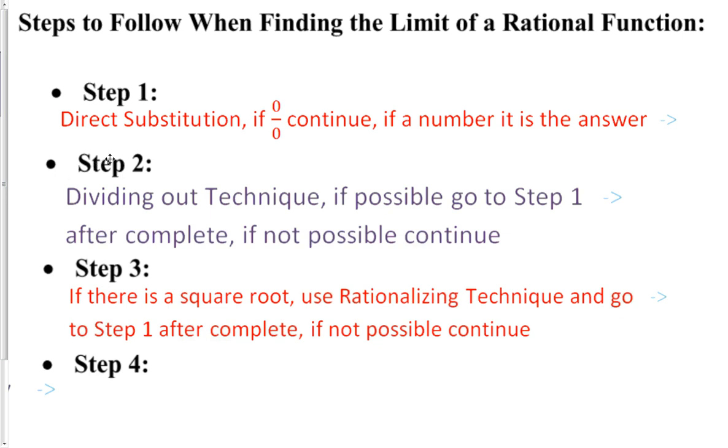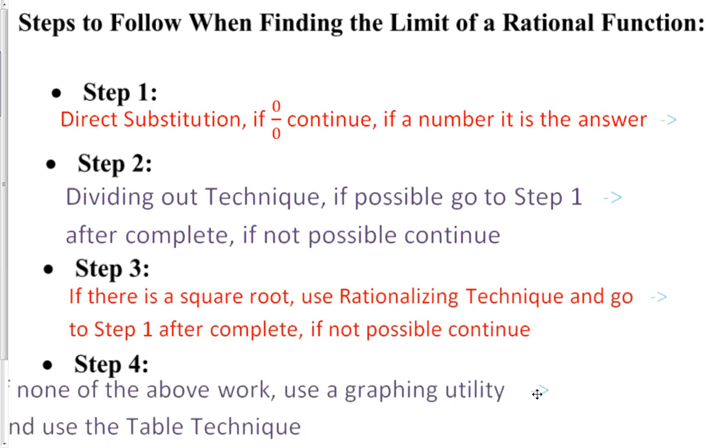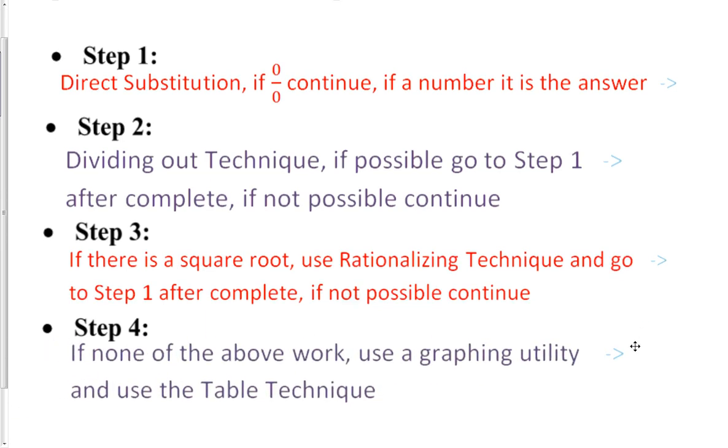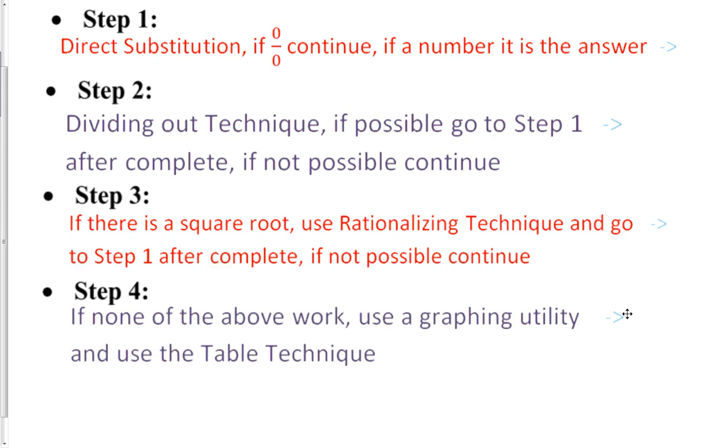Generally, steps 2 and 3 mean that the problem is not simplified. Even if it doesn't look simplifiable, we need to simplify it, and once we simplify, then we can plug it back in. Step 4 is use your calculator. Basically, use a graphing utility and try to assess the limit from that, or using the table.